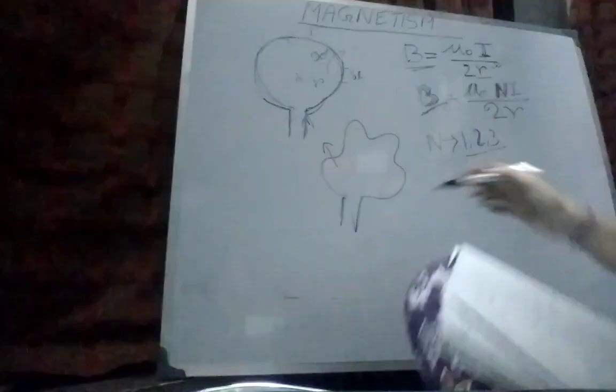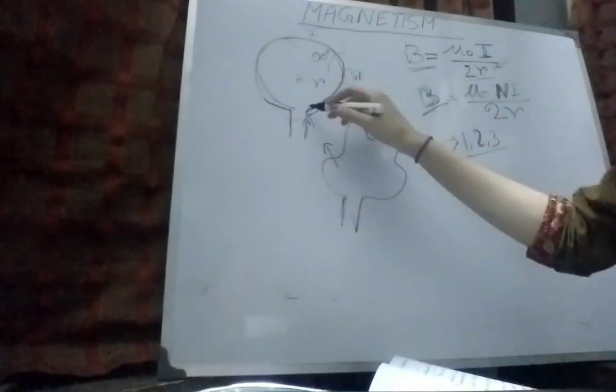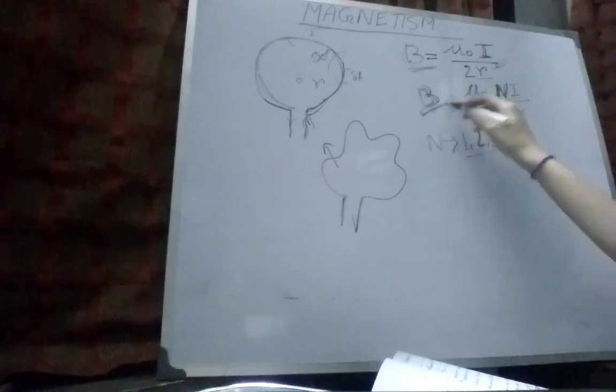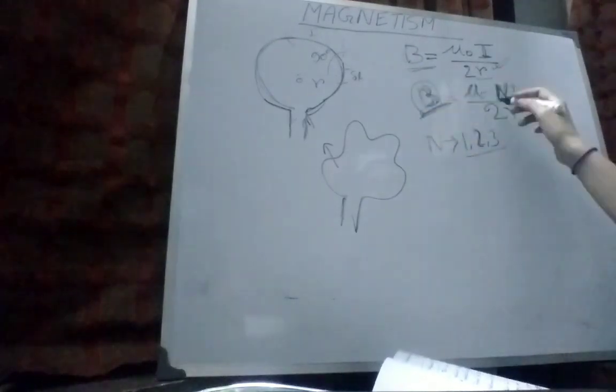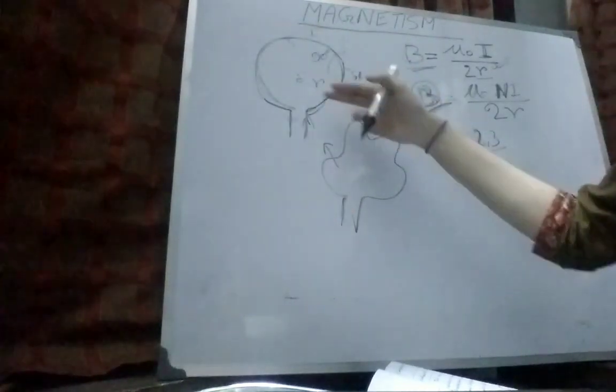So instead of a single coil, if we use a higher number of circular coils, we will get a higher value of B, because if the number of turns increases, the actual length of the coil will increase. If the length increases, the area will increase.